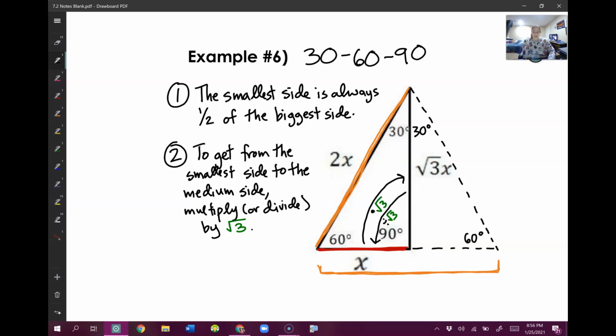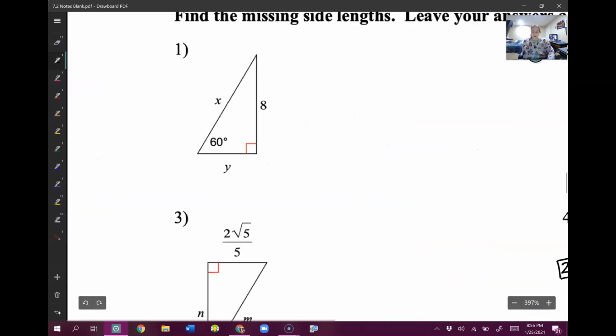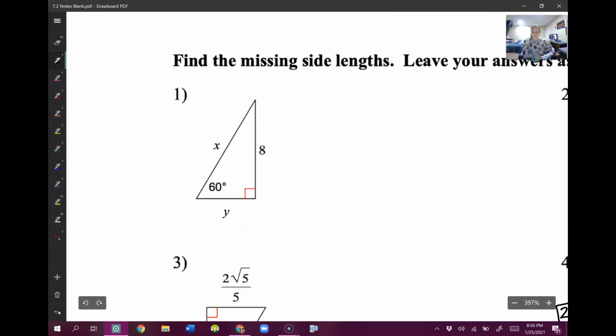So let's practice this one a little bit. Let's go into your assignment and look at number 1. First off, let's do our reflection thing. So I'm going to reflect it across. So I can see that this y side is going to be half of this x side. However, I don't know either of those sides yet.